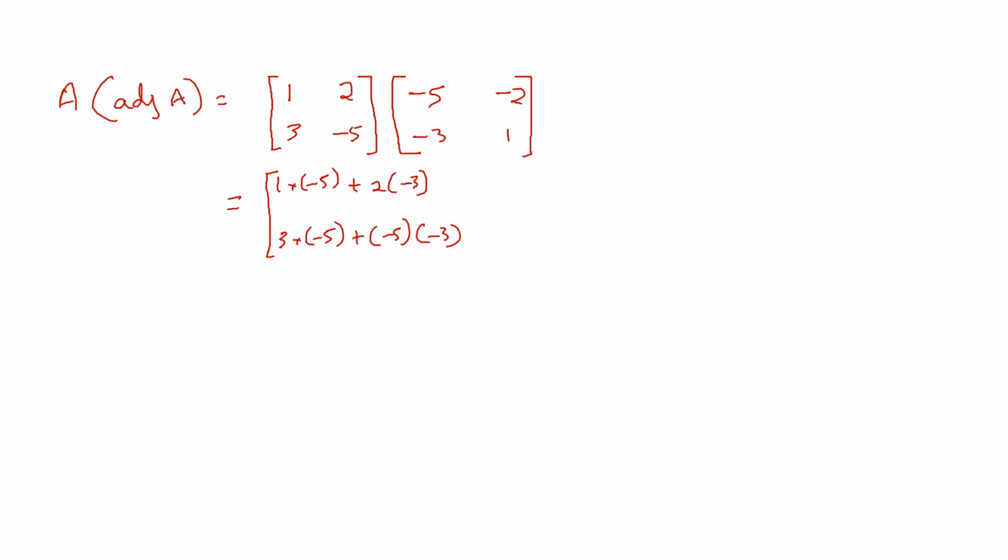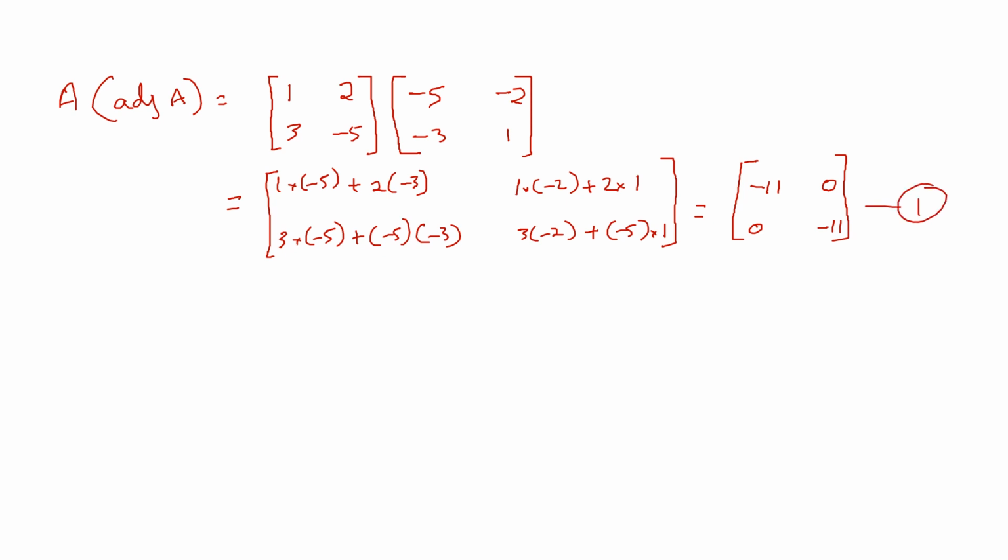In the same way, the next column: 1 into minus 2 plus 2 into 1, then 3 into minus 2 plus minus 5 into 1. When you solve this, you will get [minus 11, 0; 0, minus 11]. You call this equation 1.